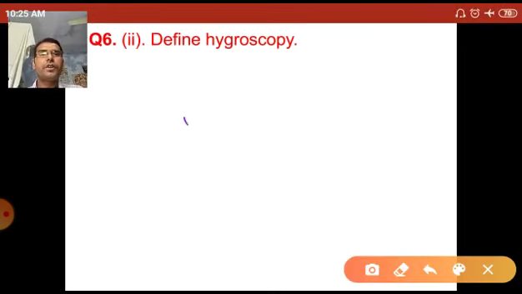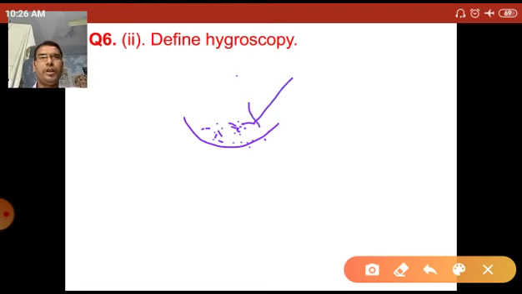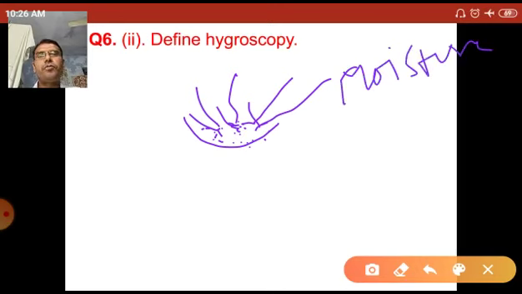When a salt or compound is exposed to the atmosphere, that compound absorbs moisture from the atmosphere, and after absorption, it does not become wet or dissolve in it.